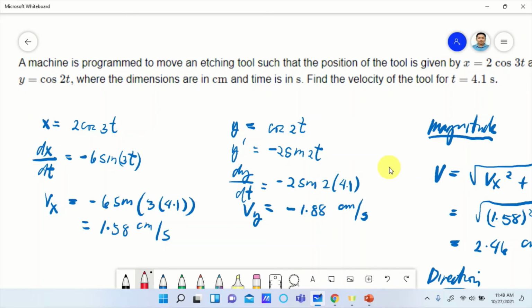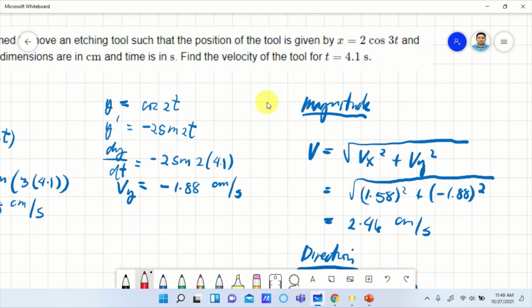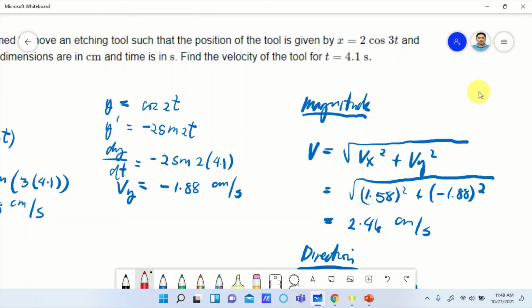Okay, so in physics, you are actually solving for the resultant vector. And if we speak of the resultant vector, we need to get the magnitude of the vector and of course the direction. Here we are only aware of the velocity of the tool along the horizontal axis and the vertical axis, so there's a need for us to solve the magnitude of the vector, or the total velocity of the moving tool.